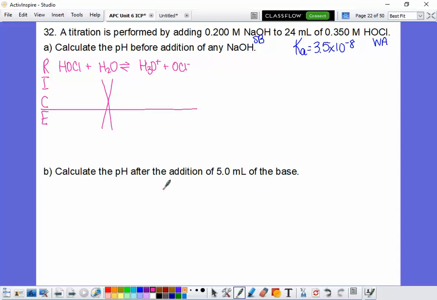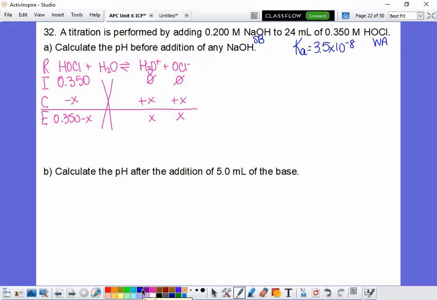Initially, how much H3O plus and OCl minus do we have? 0 and 0. And how much HOCl? 0.350. My change is going to be minus x, plus x, plus x, and at equilibrium x, x, and 0.350 minus x.